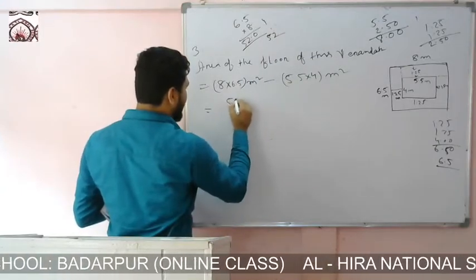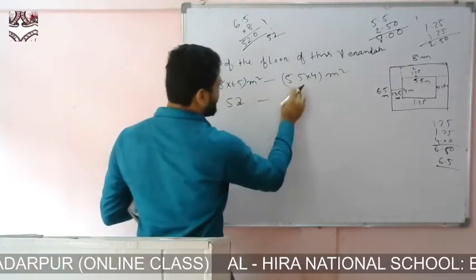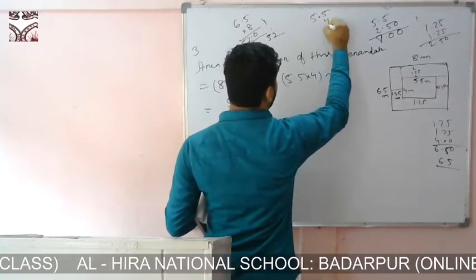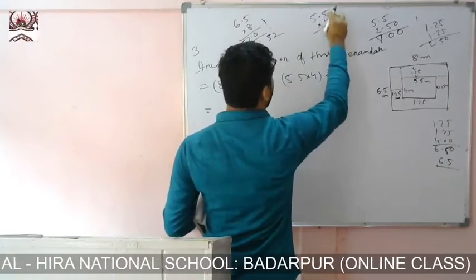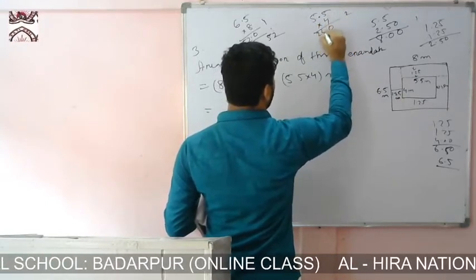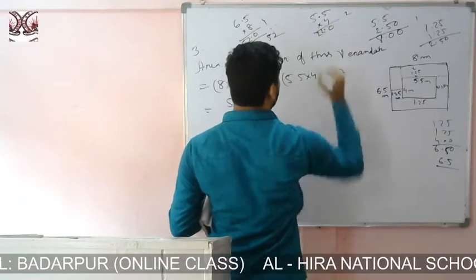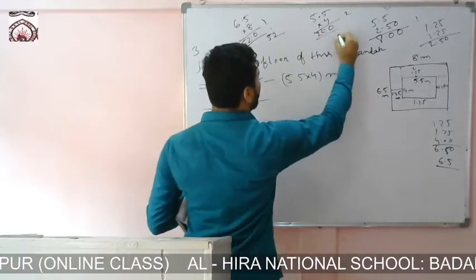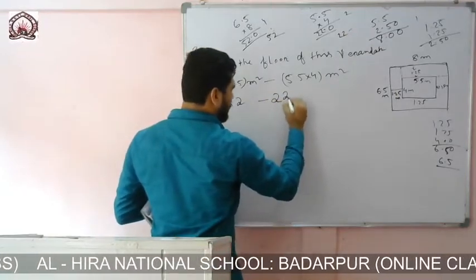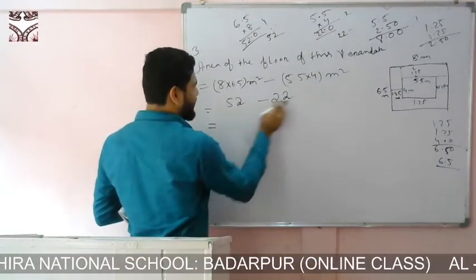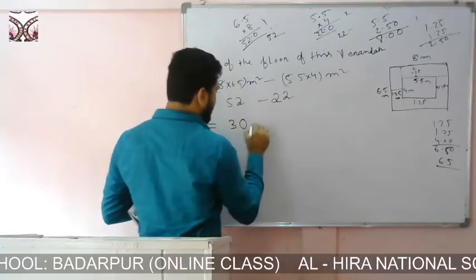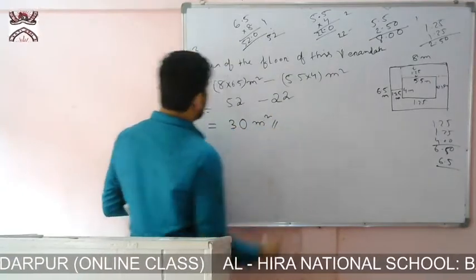So we'll write 52 minus 5.5 into 4. 5 fours are 20 and remain 2, 5 fours are 20 plus 2 is 22, and here 1 point is there, so we'll put 1 point. So 22.0, I can write 22. Now subtract: 2 minus 2 is 0, 5 minus 2 is 3. That means 30 meter square.